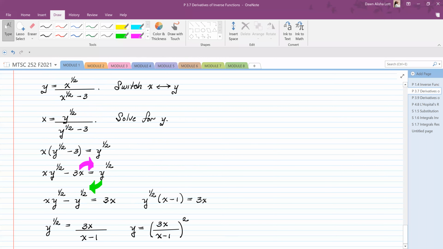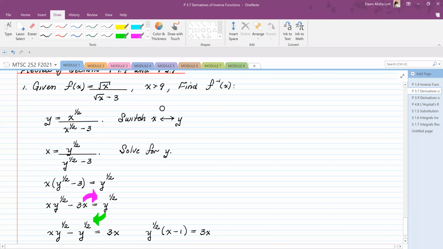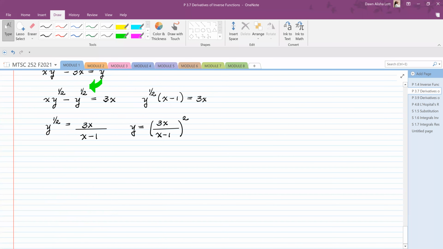Because when we go back, we said that x had to be greater than 9. So what's the domain of f of x? We're eventually going to let this be f inverse of x, and that is going to be 3x over x minus 1, squared.